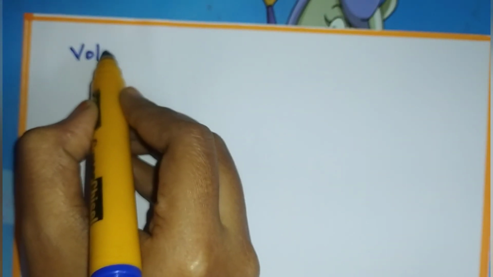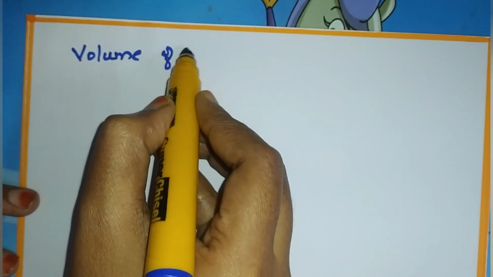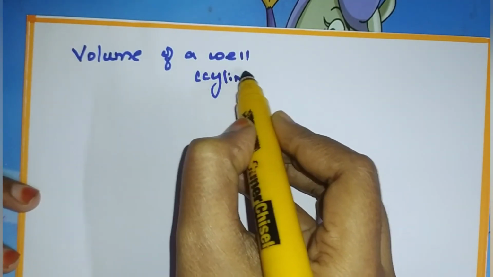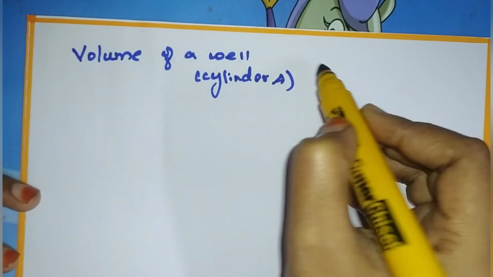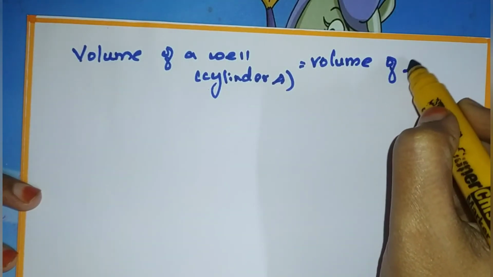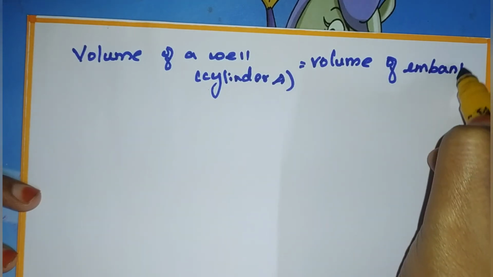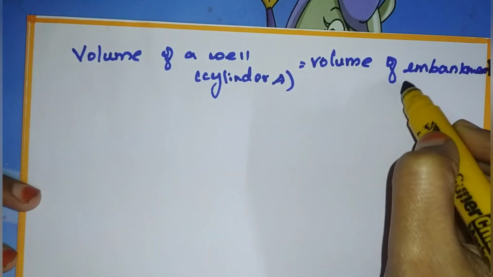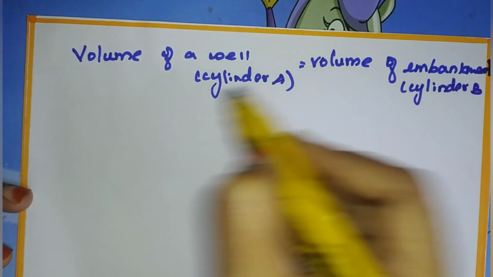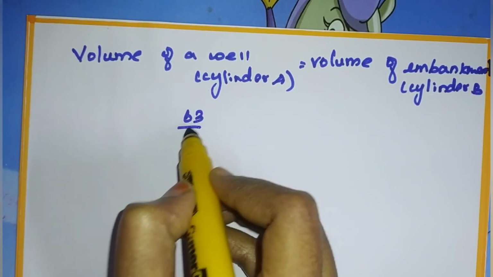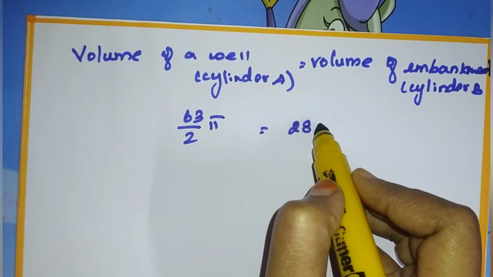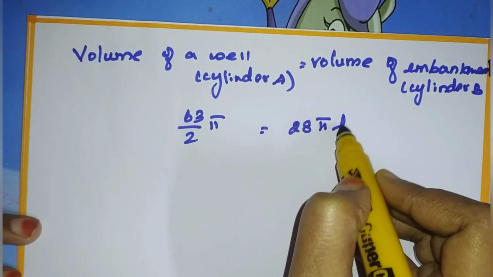So volume of the well, that is cylinder A, and volume of the embankment, that is cylinder B. The answer is 63 divided by 2 pi, and the answer for this is 28 pi h.